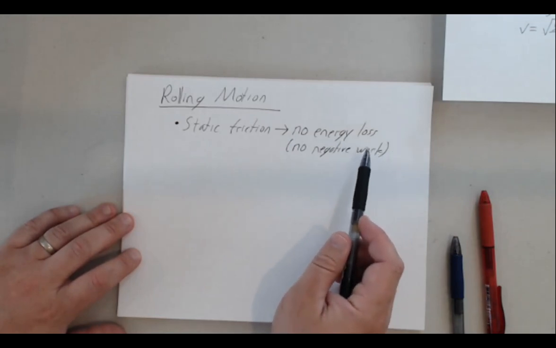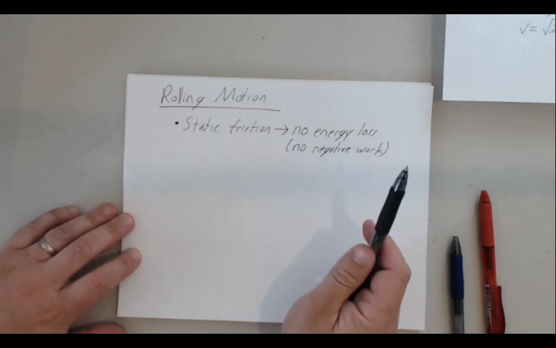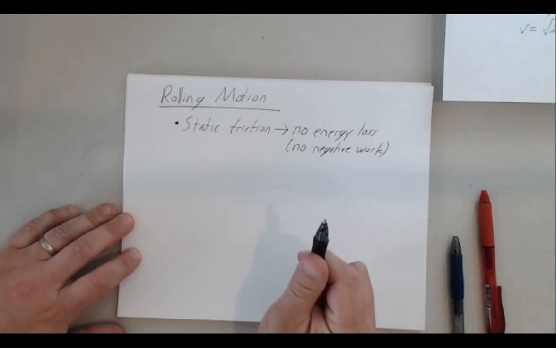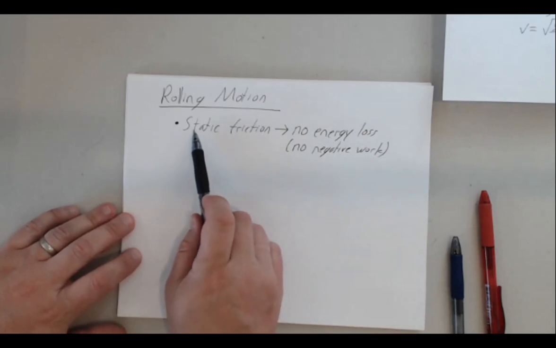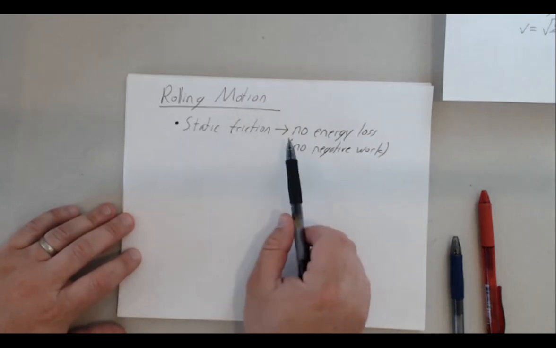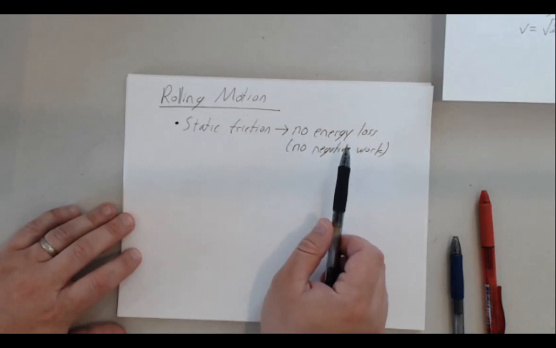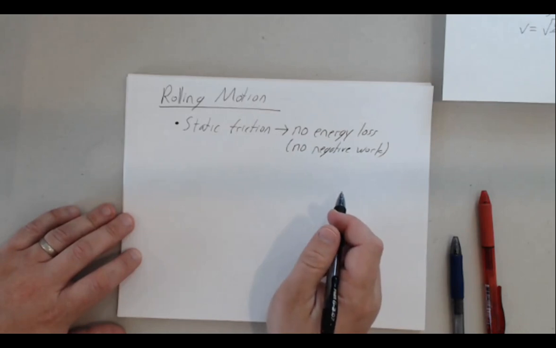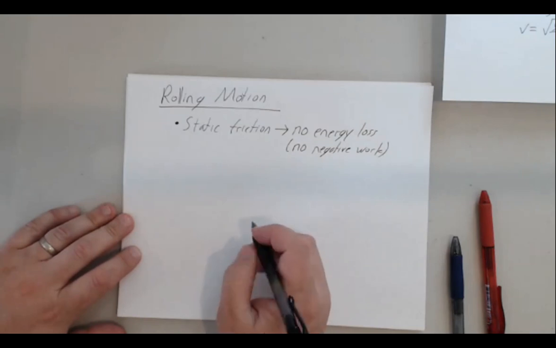Because when you run, there's a lot of kinetic friction every time your foot hits the ground. But when your bike tire rolls, it only has static friction, which means you don't lose energy from the rolling itself. So that's one of the benefits of rolling motion.